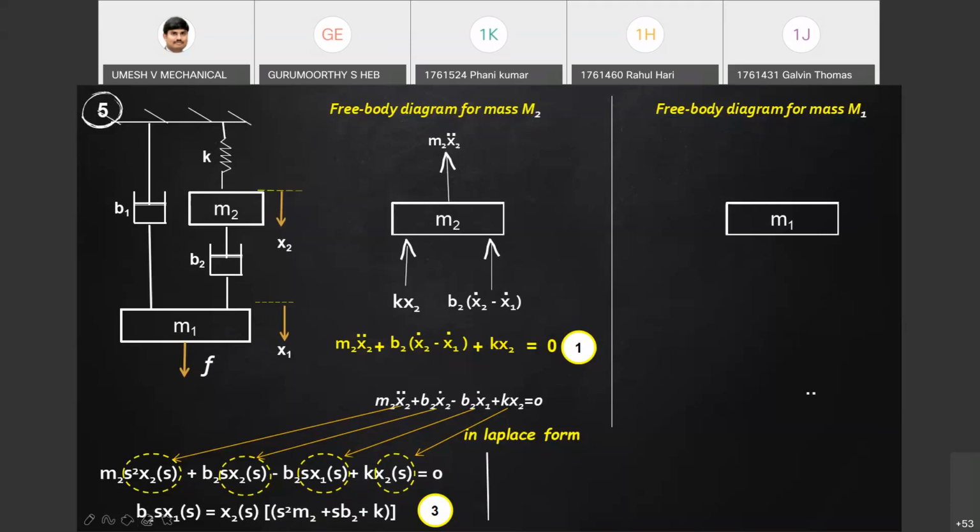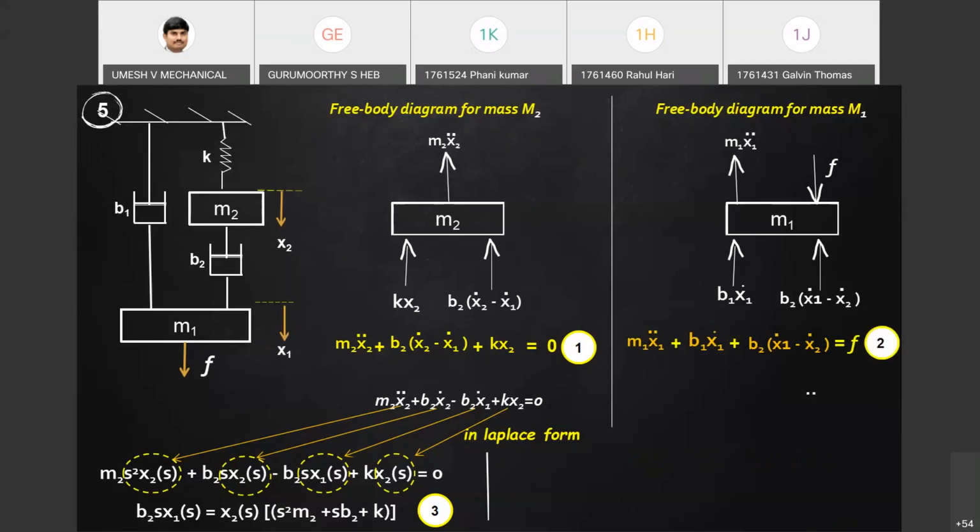So these forces: external force, inertia force, the dashpot 1 force is B1 x1 dot. The force because of dashpot 2 is B2 times the relative velocity, x1 dot minus x2 dot. In the form of the equation, 3 forces upward, 1 force downward. So easily you can balance the right-hand and left-hand side.